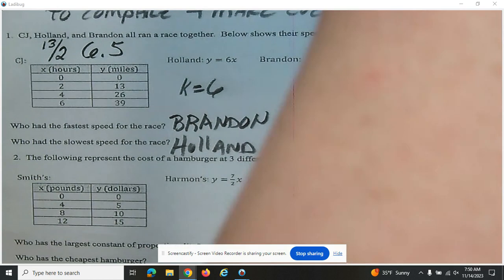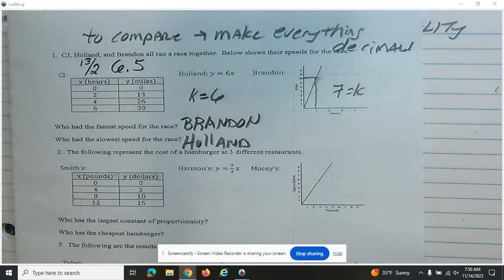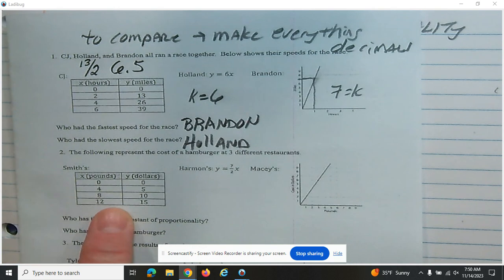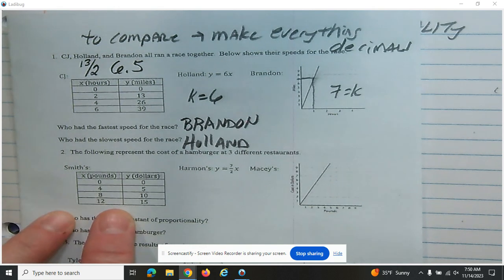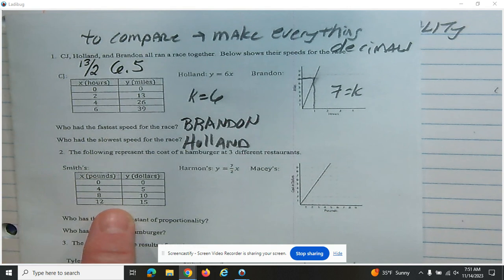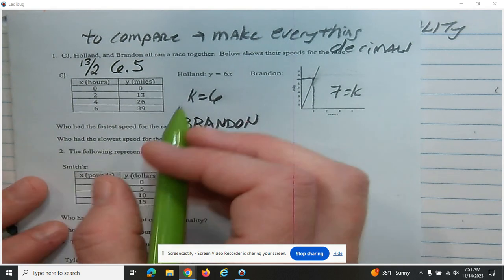The following represents the cost of a hamburger at 3 different restaurants. What's my cost of one hamburger here? $1.25.